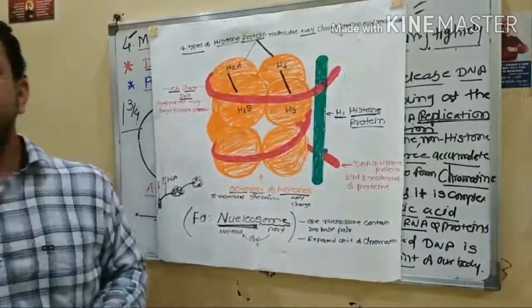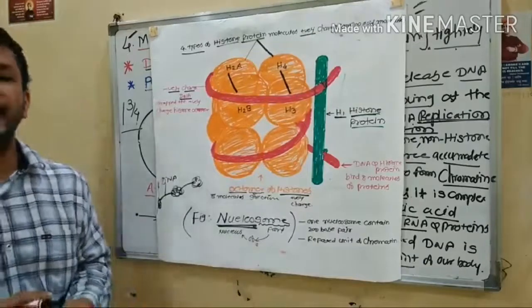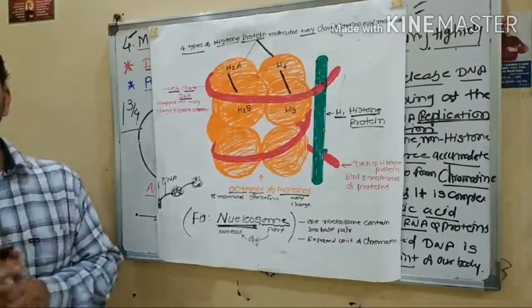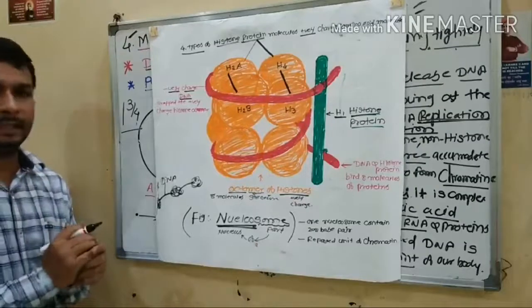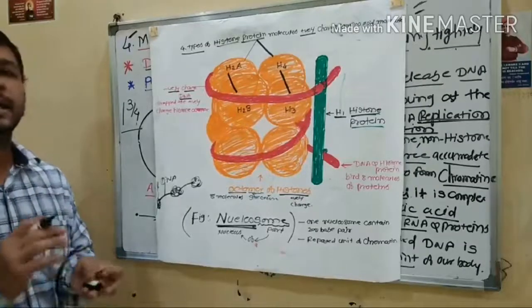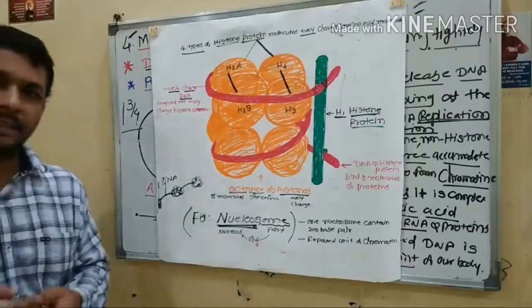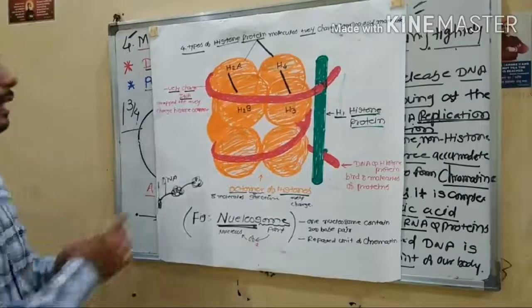Then 6 such nucleosomes get coiled and form a solenoid, which looks like a coiled telephone wire. The chromosome is packed to form a solenoid structure that is 30 nm in diameter.